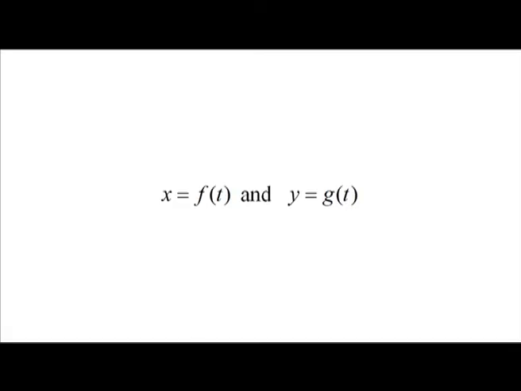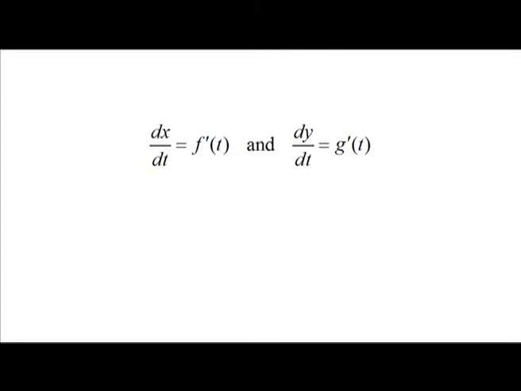We are now going to find y1 and y2 for the parametric equations x is equal to f of t and y is equal to g of t. For this, we first differentiate the parametric equations with respect to t and obtain dx by dt is equal to f prime t and dy by dt is equal to g prime t, where f prime t denotes df by dt and g prime t denotes dg by dt.